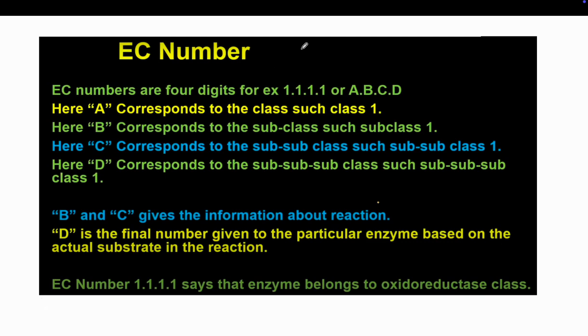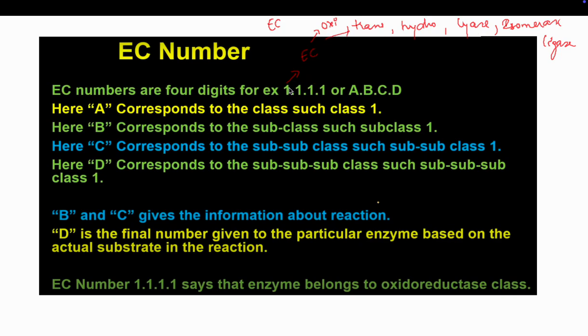The first digit tells which EC class it belongs to: whether oxidoreductase, transferase, hydrolase, lyase, isomerase, or ligase. These are the different classes of enzymes which we studied in the previous slide.